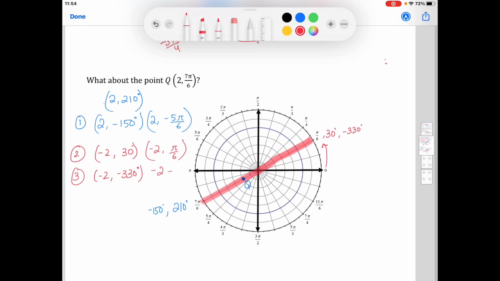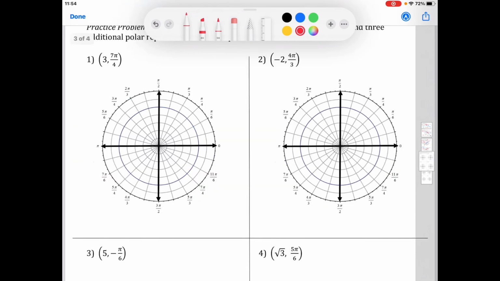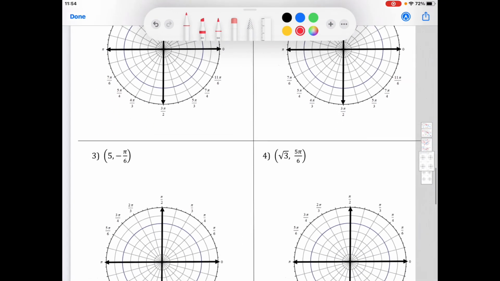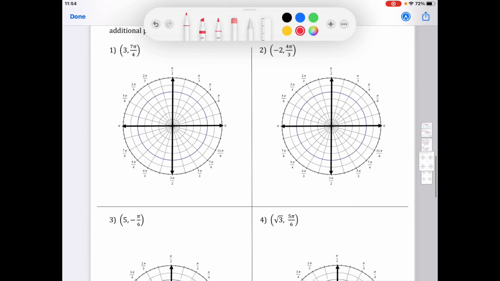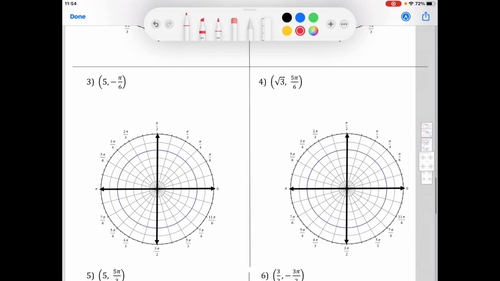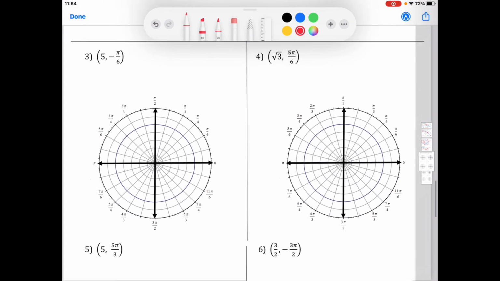This is pi over 6, and this would be negative 11 pi over 6. So again, you could use the formula, or you could just graph them and look at it in both clockwise and counterclockwise direction.